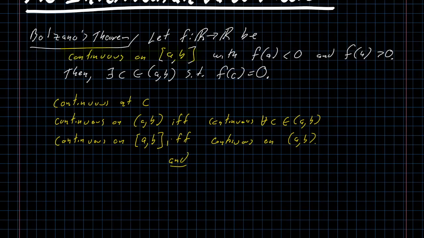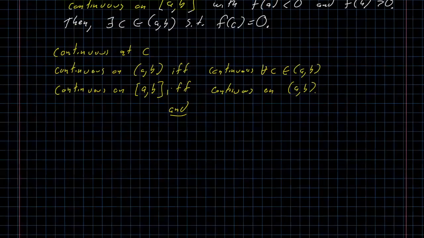But the endpoints are the tricky thing because the limit isn't defined necessarily on an endpoint. And so to establish what's happening at the endpoints, we use one-sided limits.